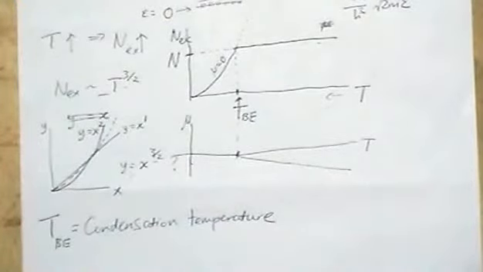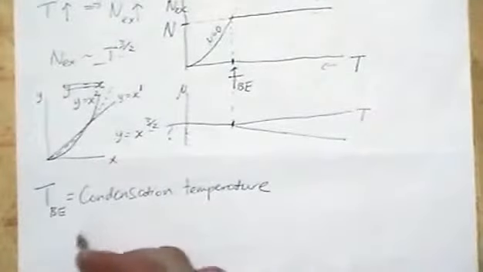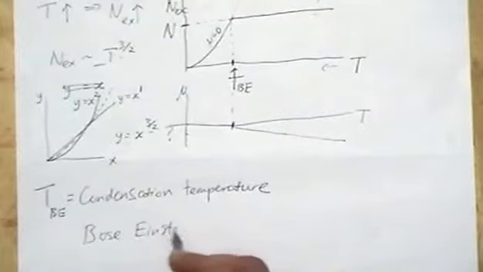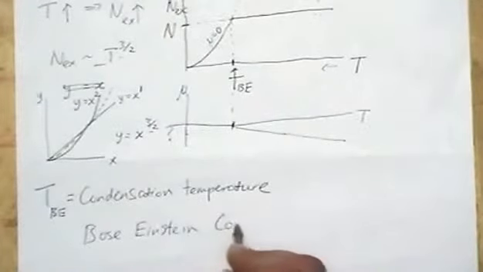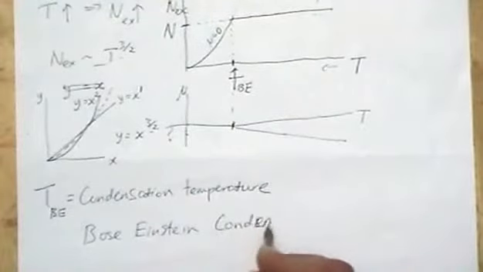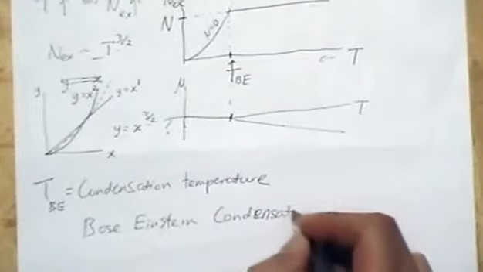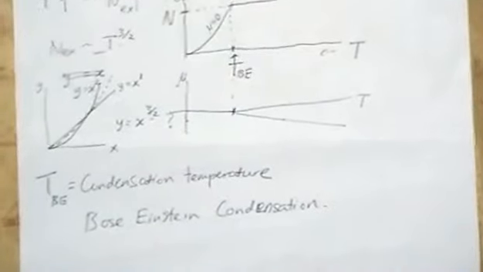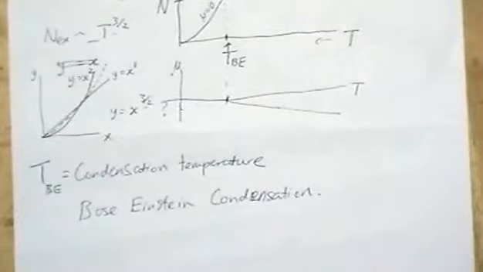And this phenomenon in which lots of particles start going into the ground state has a name. It's called the Bose Einstein condensation. Okay, now just while we're here, let's learn another term.